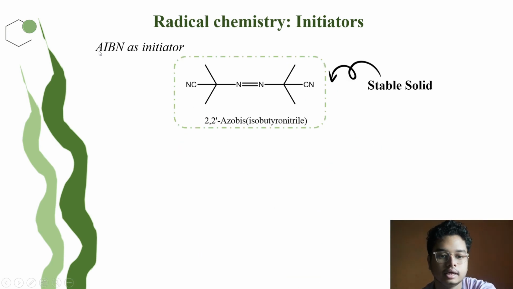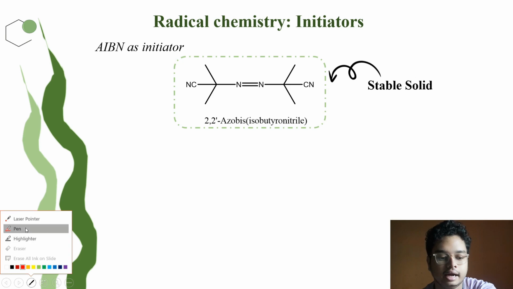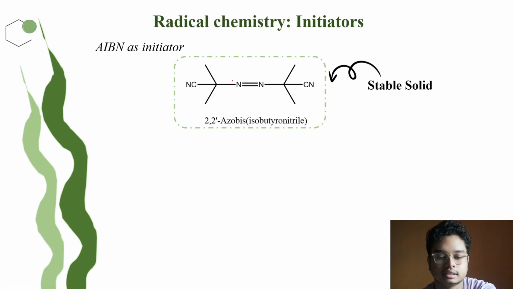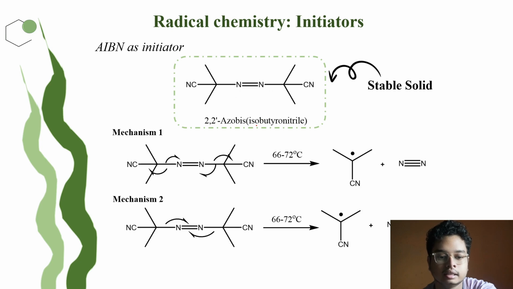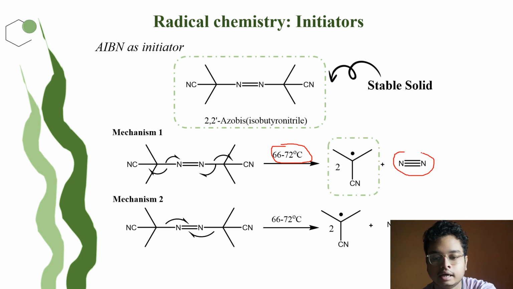AIBN. AIBN as an initiator, we have already discussed. AIBN's full form is 2,2-azobisisobutyronitrile, and it looks something like this. The mechanism of generating the radical is that at 66 to 72-degree temperature, these bonds break apart to generate this radical and nitrogen gas.